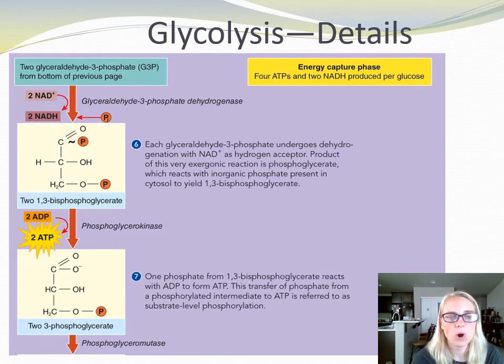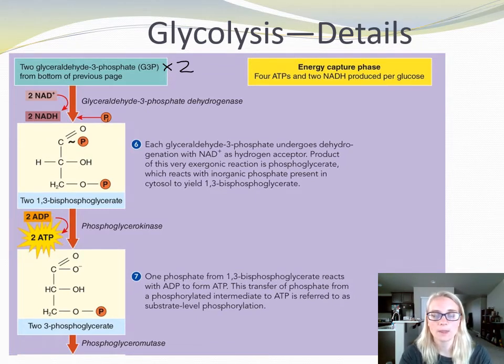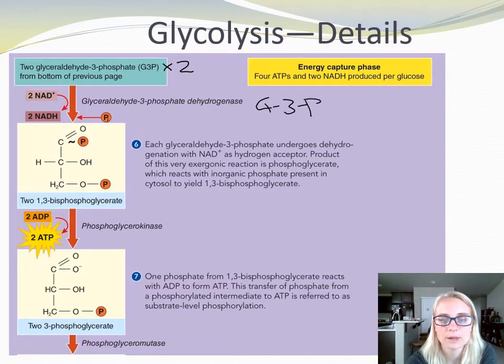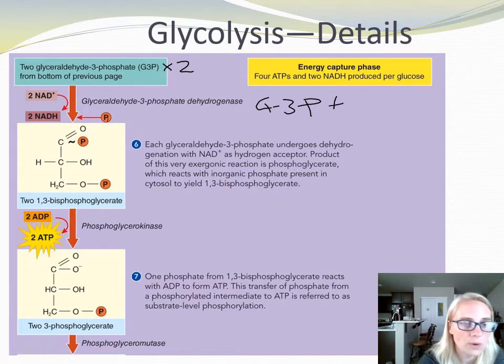So it's not drawing them, but here's our 2 G3Ps, the glyceraldehyde 3-phosphates, and this is our first redox reaction. Okay, so I'm going to draw this out. So let's say we have G3P on one side of the reaction arrow, plus what's going in. Look over here, and this is a double.